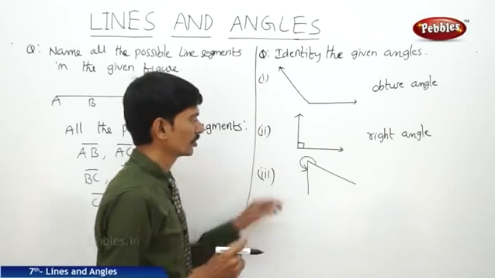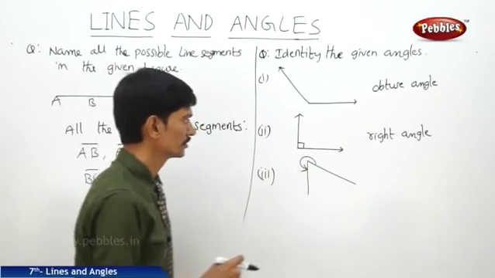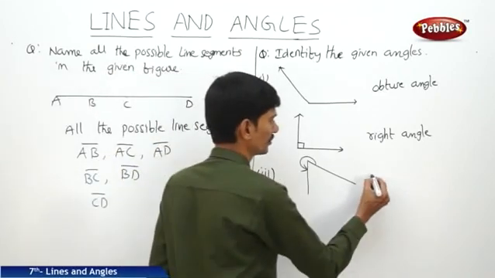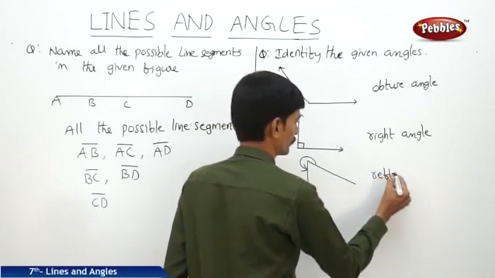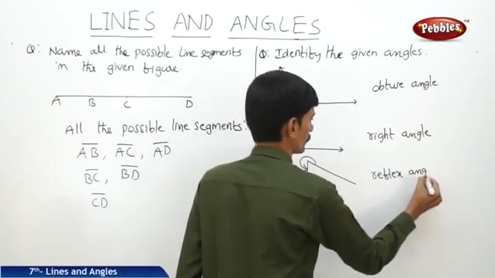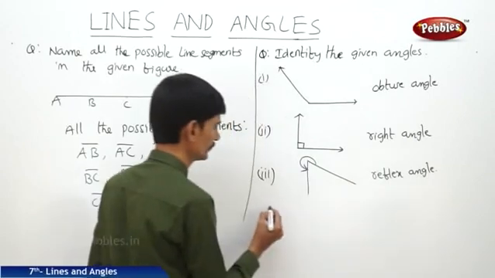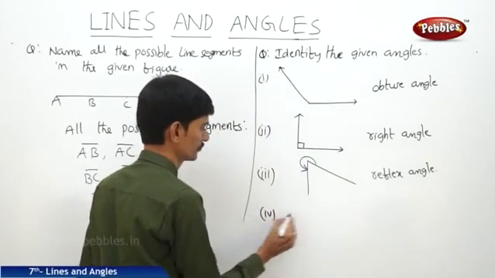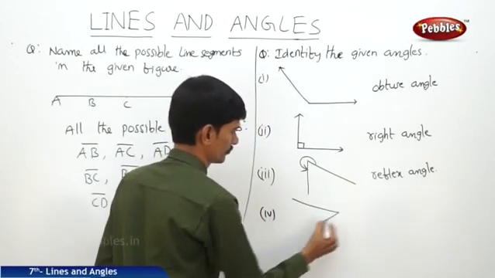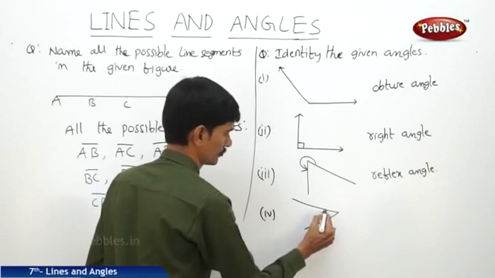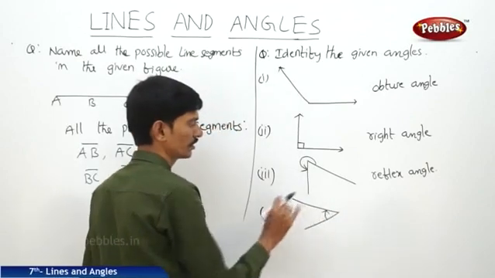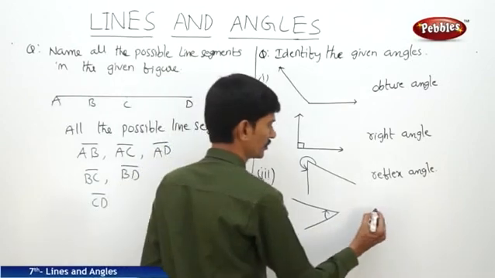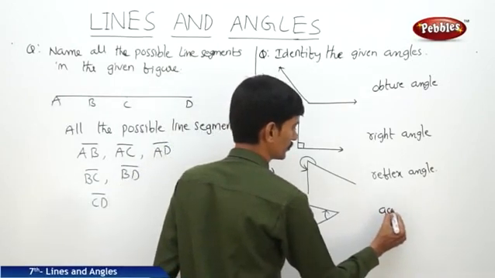Now it is more than 180 degrees, so it is a reflex angle. And the fourth one is less than 90 degrees, so it is an acute angle.